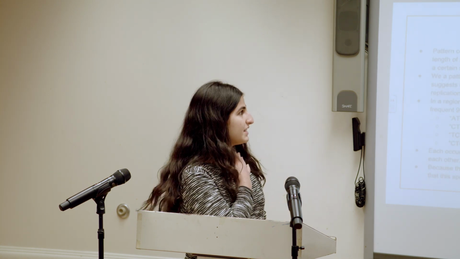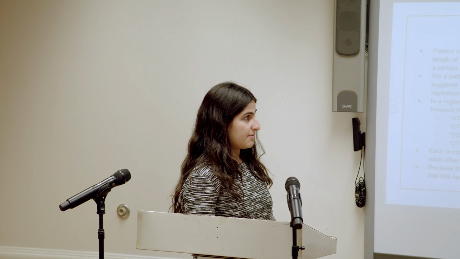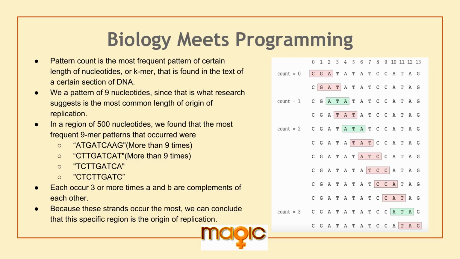So what we did first: pattern count is the most frequent pattern of a certain length of nucleotides. It's also called a k-mer, and it's found in a text, a certain section of DNA. We used a 3-mer, which is 3 nucleotides, and as you see in this picture, it says CGA on the first line. That's a 3-mer.